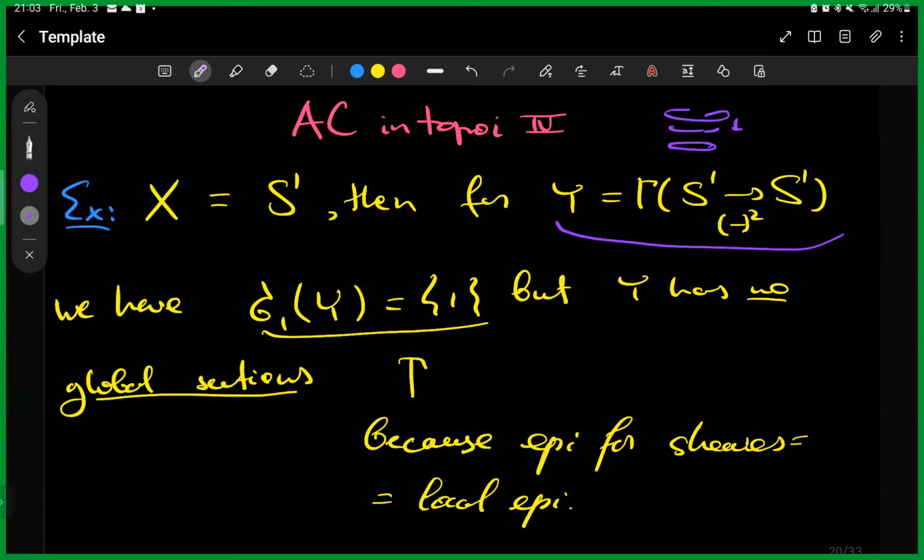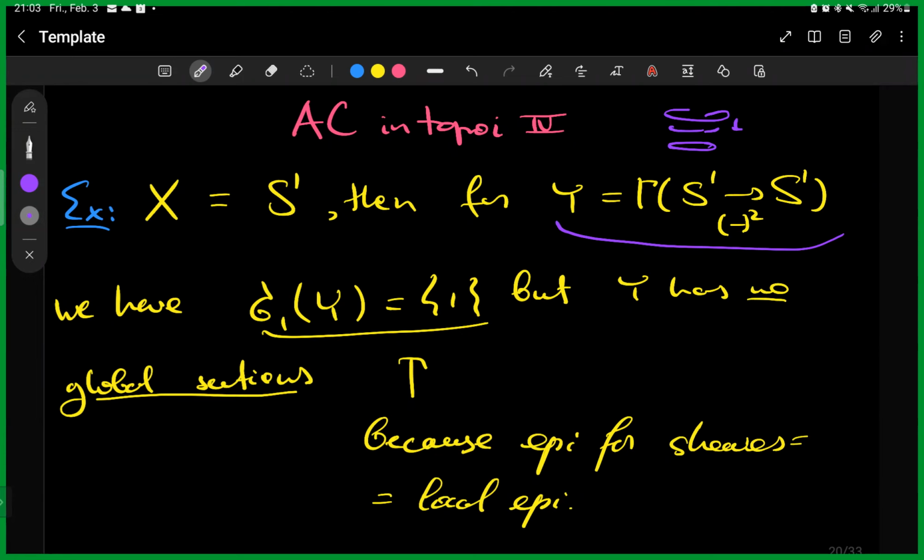And obviously, locally it is epimorphic on the terminal sheaf, which corresponds to the unit embedding of x itself, because obviously a two-sheeted covering is locally epimorphic.